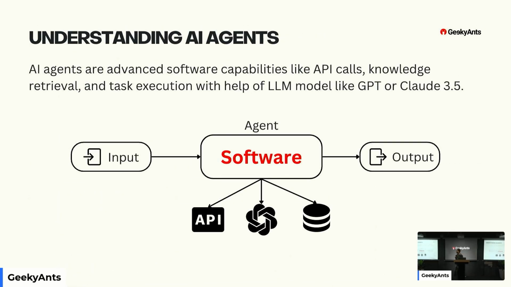So, AI agent. What is an AI agent? An AI agent is basically smart software. It's not an LLM or a model. It's software which makes smart decisions or actions with the help of the LLM. The LLM is like a brain for it, and the software acts smartly with the help of tools and function calling.